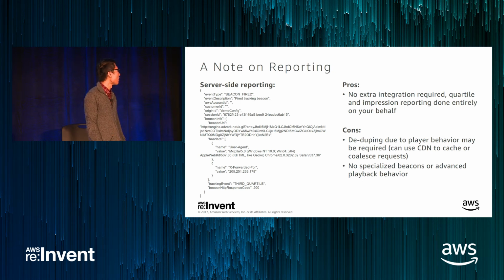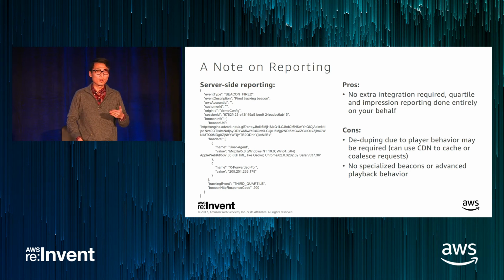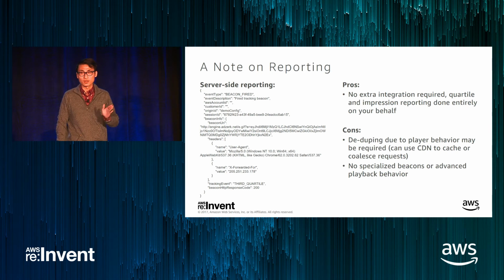The disadvantage is, the way that we do reporting is that anytime there's a player request, we view that as a watch event. Our service will then make a call out to your ad server saying that this event has happened, and we're reporting on this event. But if for whatever reason your player is making multiple requests for the same ad segment, so there could be buffering, bitrate switches that just happen to happen at the ad break, there could be internet weather that's causing this, you may have the same player making multiple requests to that same ad segment.